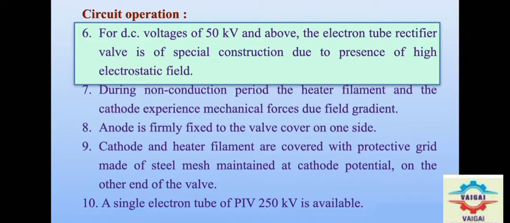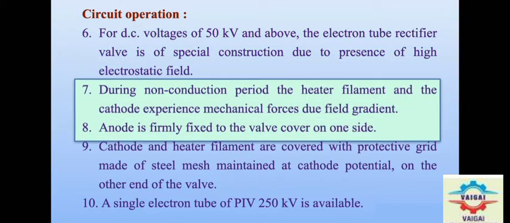During non-conduction period, that is during the negative half cycle, the heater filament and the cathode experience mechanical forces due to field gradient. The anode is fixed firmly to the valve cover on one side.